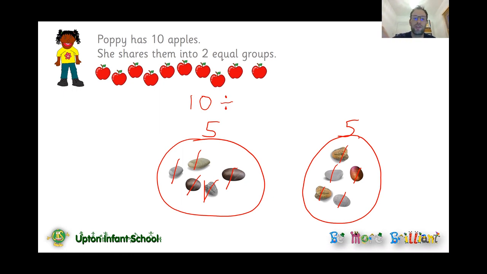We've done 10 shared into 2 groups, or 10 divided by 2. And how many did we have in each group? We ended up with 5. So that is my number sentence to show what we have done. Do you think you could write that down at home as well? 10 divided by 2 equals 5. 10 shared into 2 groups makes 5.